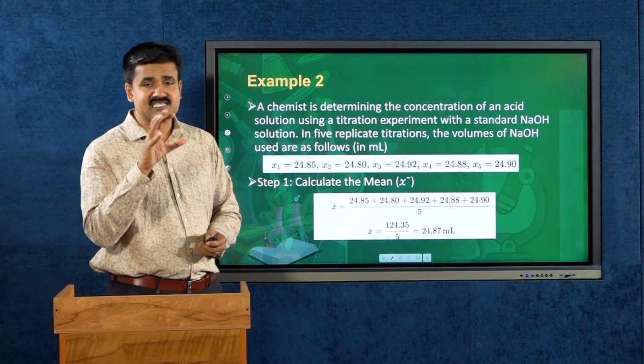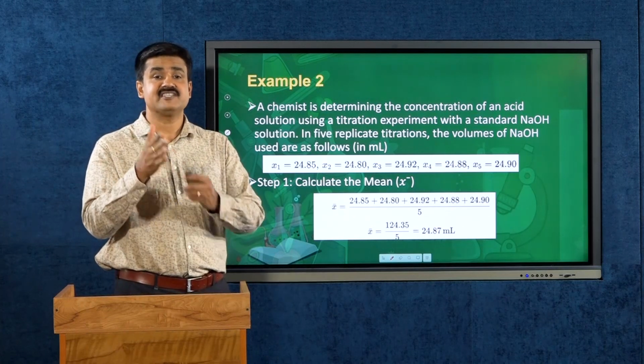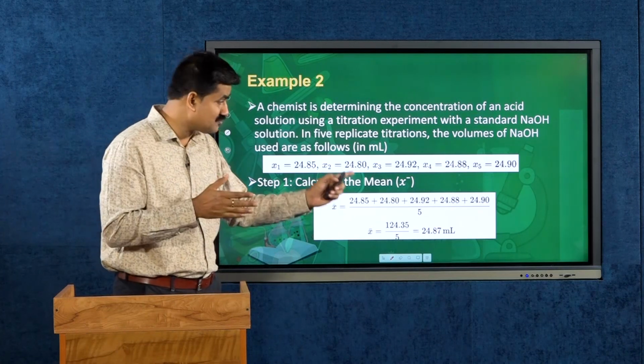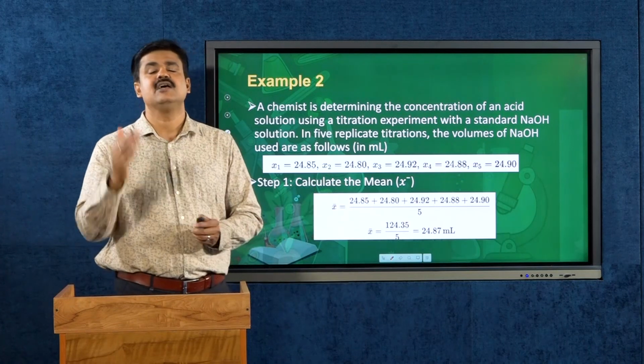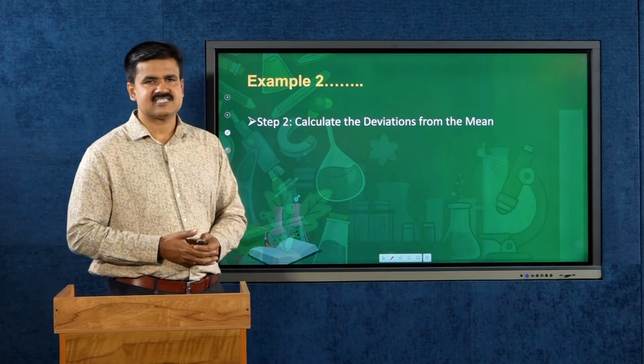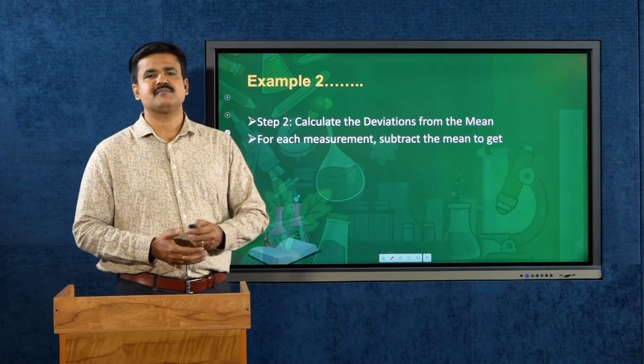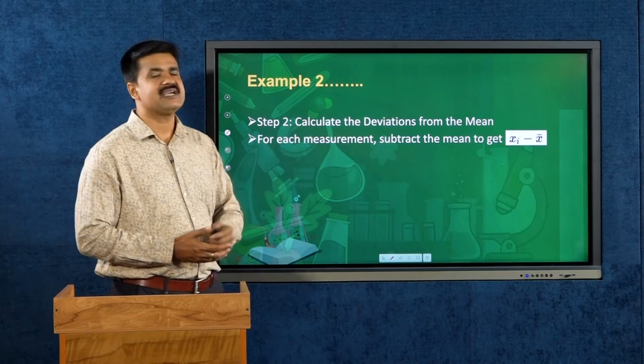You have to remember this value. This is the mean. This is most important, and this standard deviation represents the dispersion about this central mean, that is 24.87 ml. Now, in the second step, you have to calculate deviation from the mean. Deviation from the mean can be calculated as xi minus x bar.